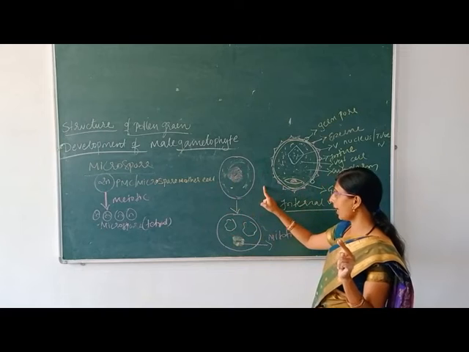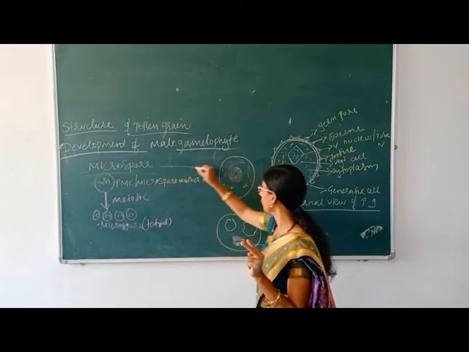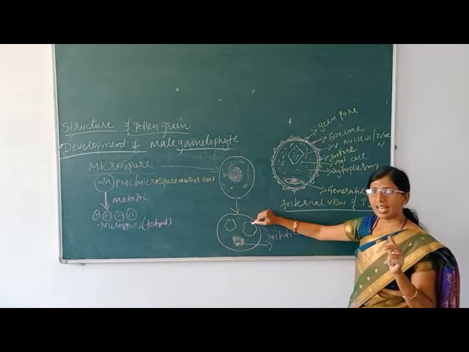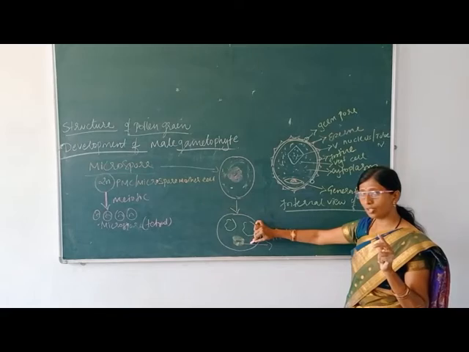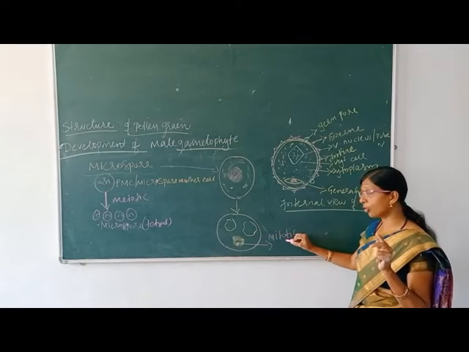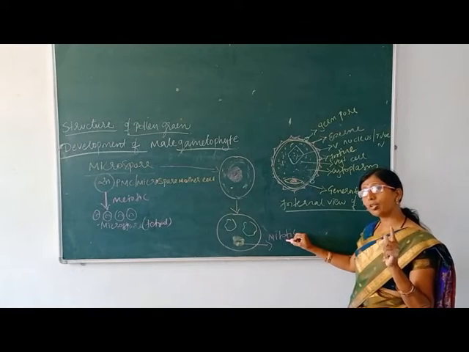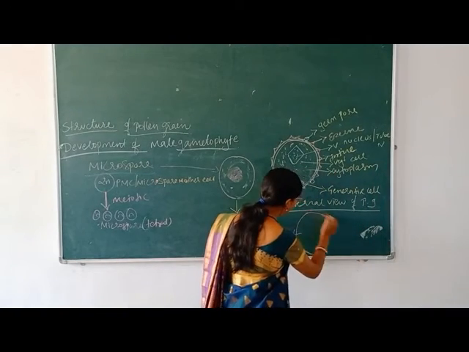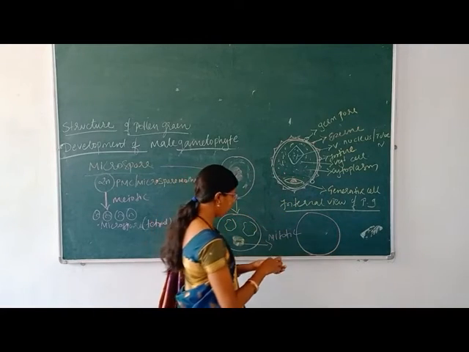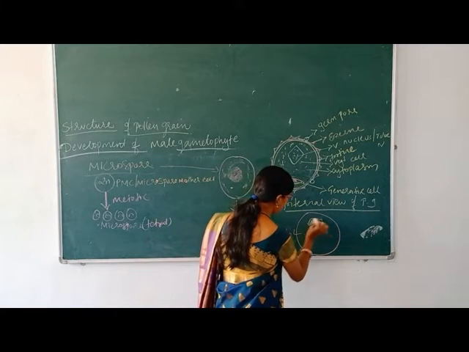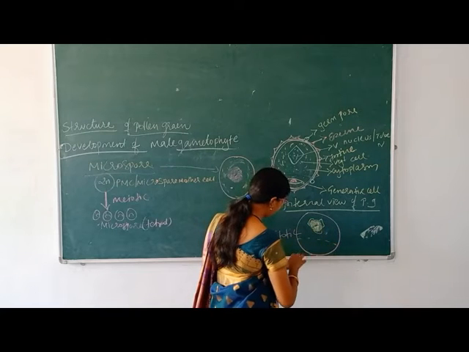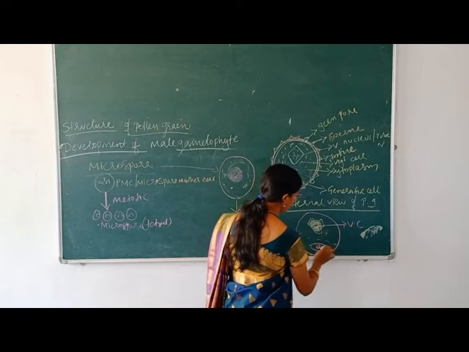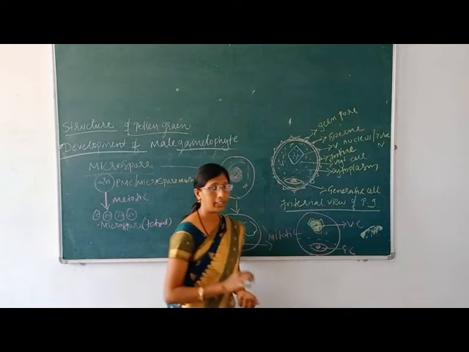Okay, and this is the microspore which contains the nucleus, and there is a formation of a large vacuole, and the nucleus comes down, and this nucleus undergoes mitotic division to form 2 unequal cells. One is called the larger cell and the second one is called the smaller cell. The larger cell is called the vegetative cell and the smaller is called the generative cell.